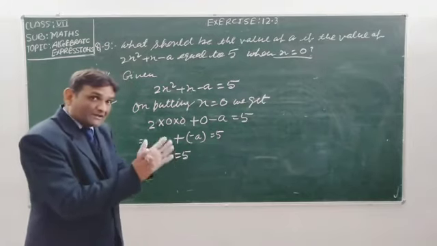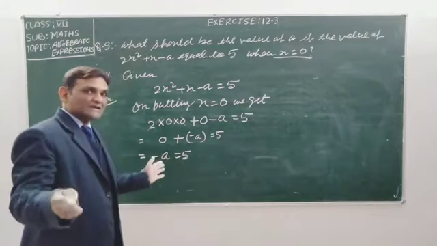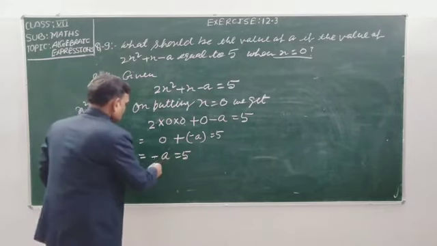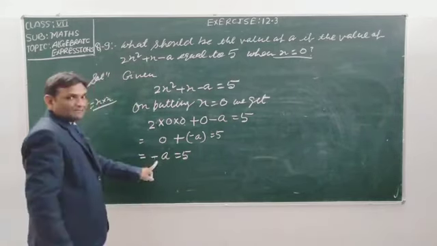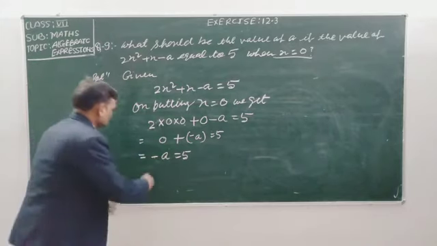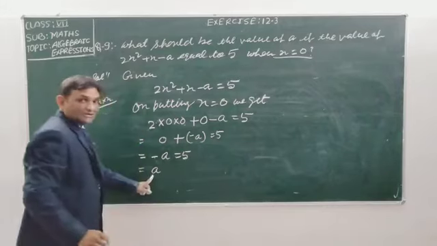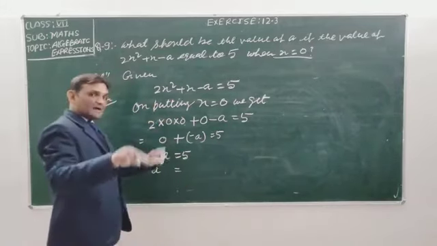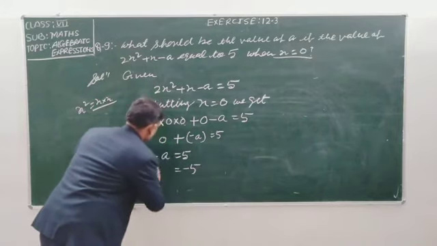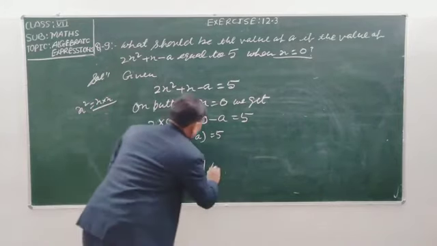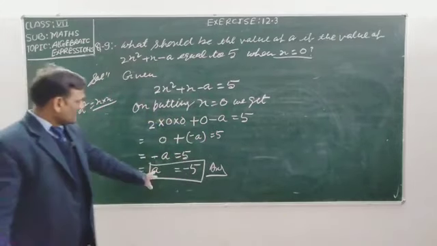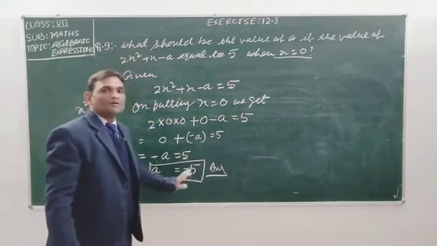If we multiply by negative on both sides of the equation. If you multiply by the negative sign on the left side, then minus into minus you will get positive, and when you multiply by the minus sign on the right side you will get minus 5. It means the value of a is equal to minus 5.